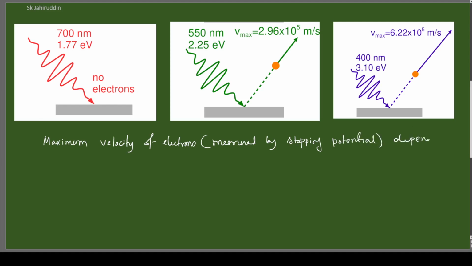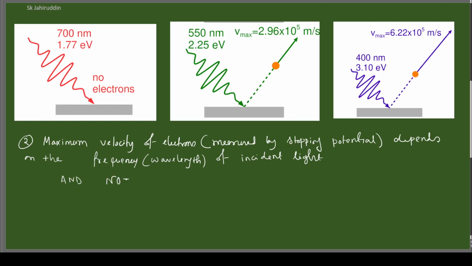depends on the frequency of light. Frequency and wavelength are different things, but it's depending on frequency, that means depending on the wavelength, the frequency of the incident light, and not on the intensity of the light.